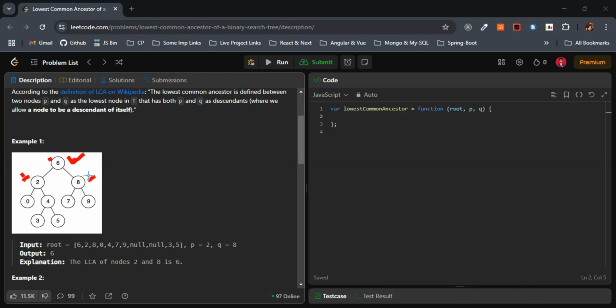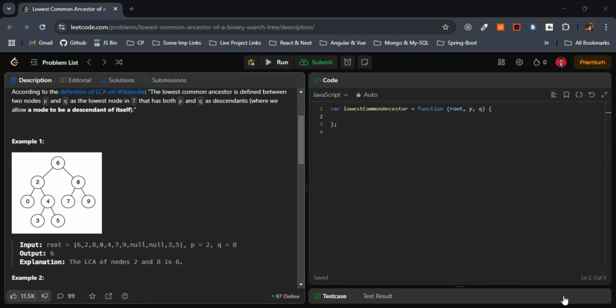Same goes with this one: for 2, the left subtree value should be lesser and the right subtree value should be greater. This has to hold for every node, and that is said to be a binary search tree.